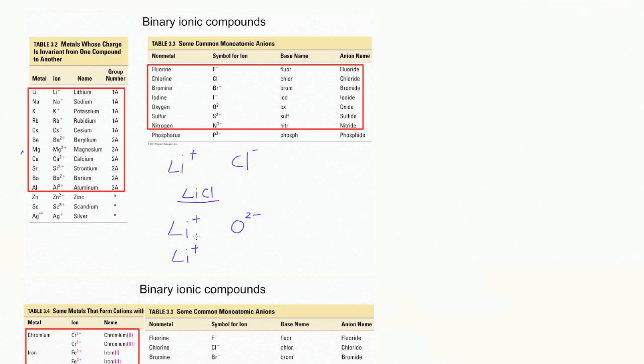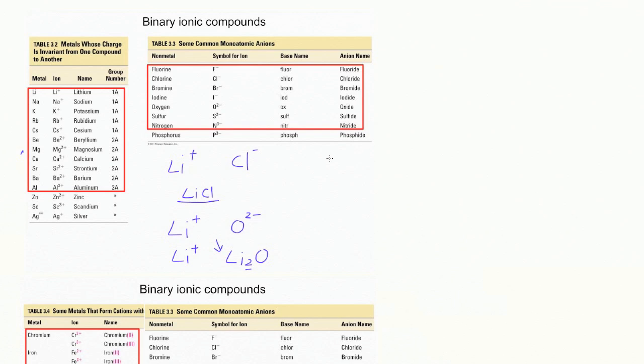Now you have two lithium cations, two positive charges. Now it's enough to balance the two negative charges of this oxide. So it will give you the formula Li2O. We have this 2 here to tell people that in each formula unit of lithium oxide, there are 2 lithium cations. So this 2 reflects the number of ions in the binary ionic compound formula.